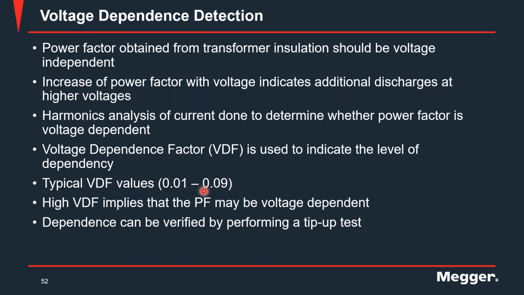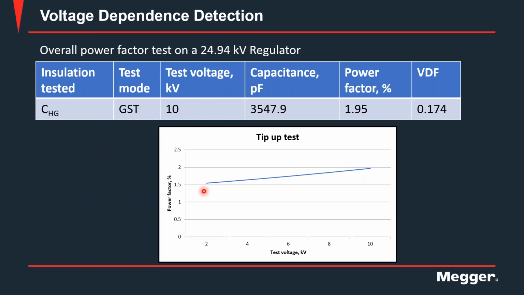So your typical values will be between 0.01 to 0.09. If you get a higher value, then basically the software is suggesting to you that the power factor might be voltage dependent, and then you can go ahead and do a tip-up test to verify whether that's actually the case. So here I have two cases that show you how this works.